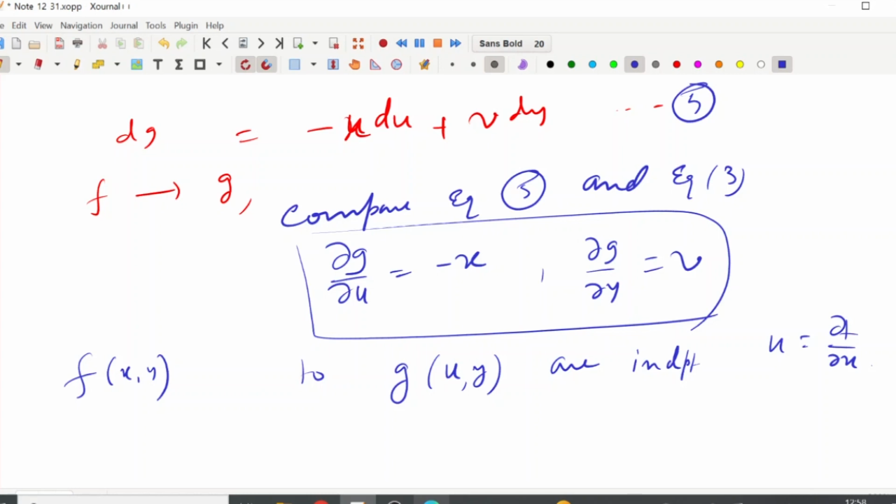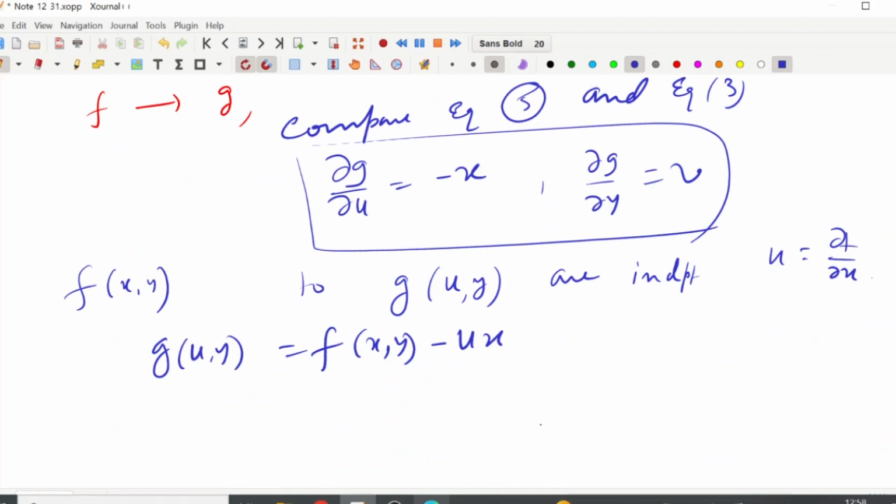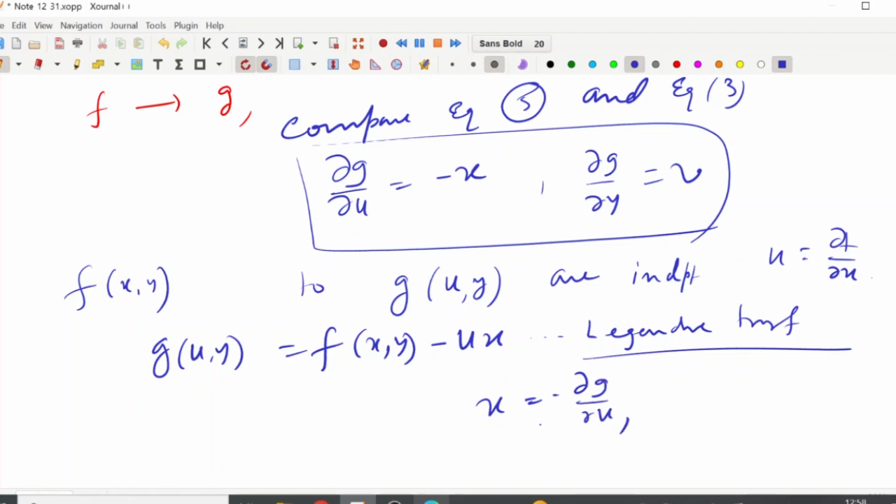By a Legendre transformation G(u, y) equal to f(x, y) minus ux. So, this is Legendre transformation, provided x equal to minus del g del u and v equal to del g del y. Okay.